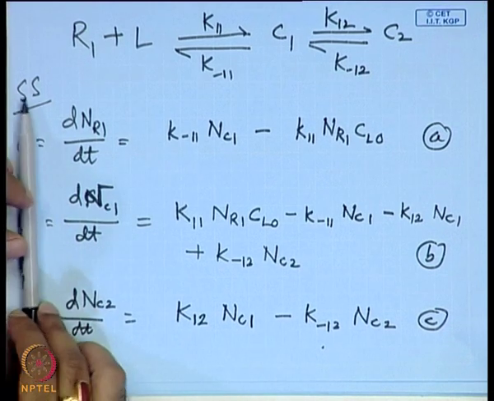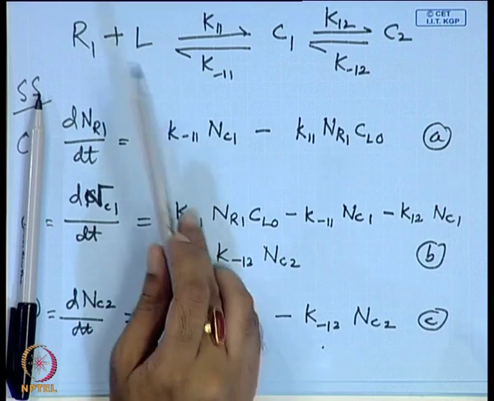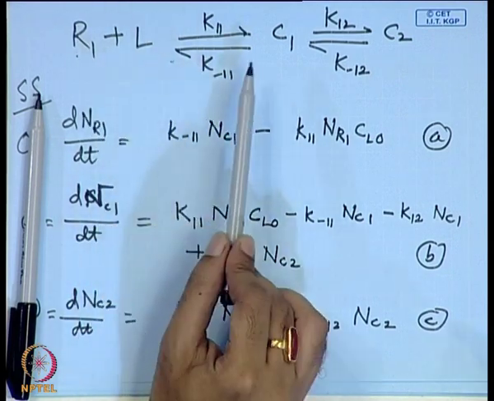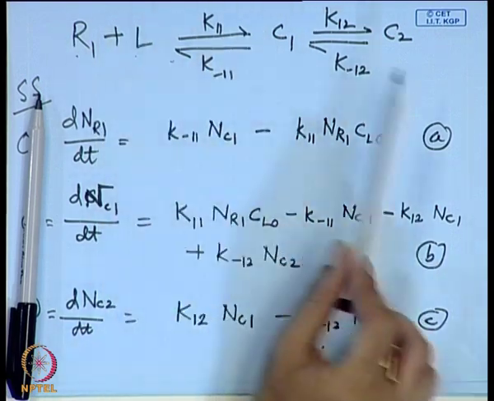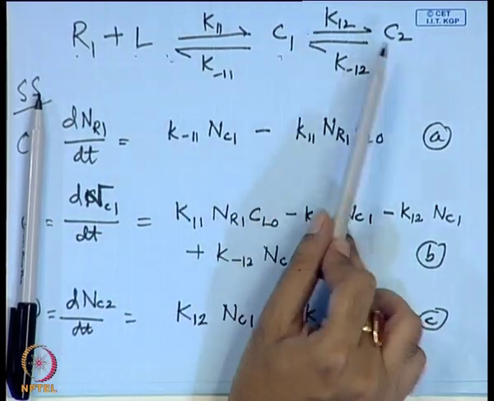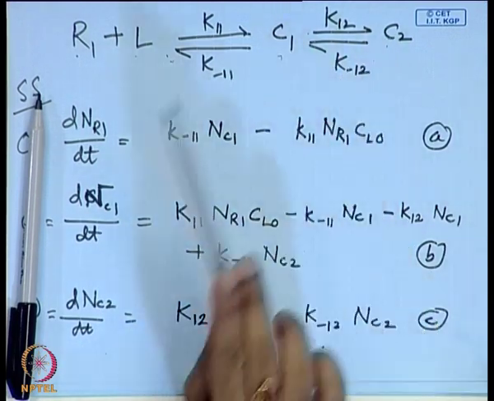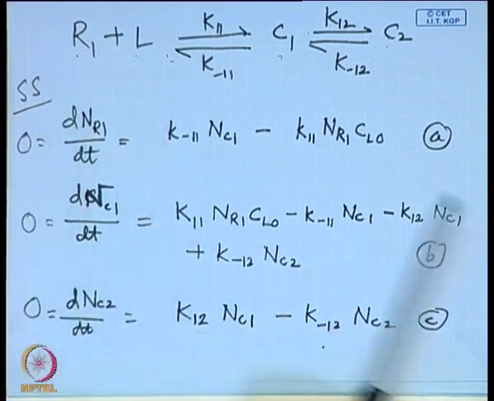Let us forget the steady state for a minute. NR1 is being formed because of this reaction, and it is being destroyed or removed because of the forward reaction. NC1 is formed from this reaction as well as this reaction, and it is also removed because of this reaction as well as this reaction. So, four terms here, whereas C2 is formed in the forward direction and removed in the backward direction. At steady state, all these three have to be 0.